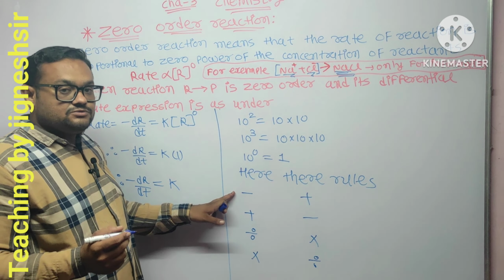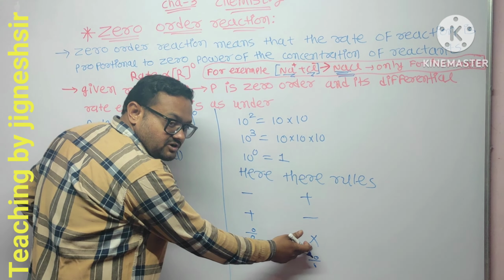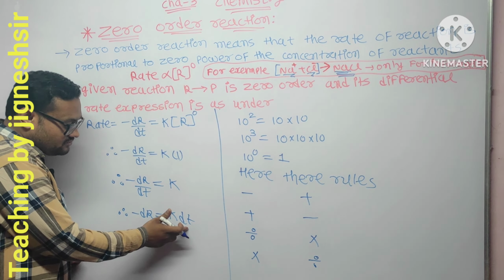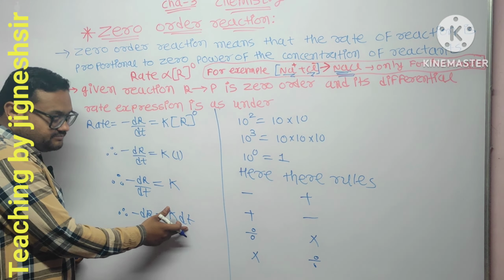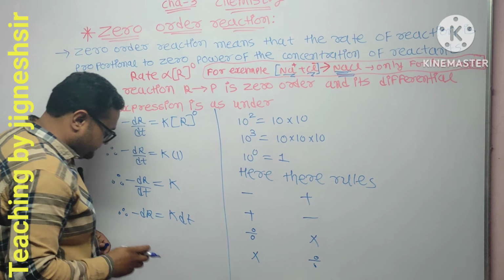This is for the equal to sign. Here dt is in division, so on the other side dt is in multiplication. So remember these rules.